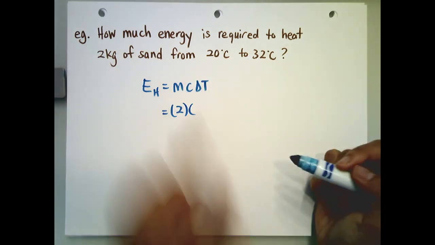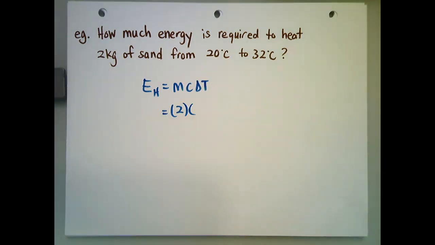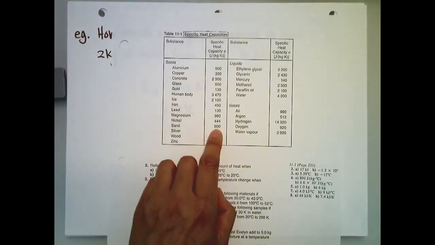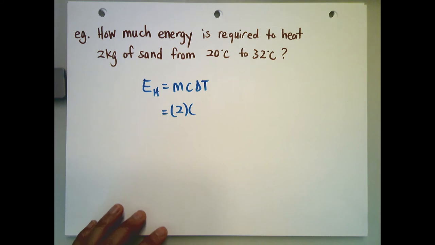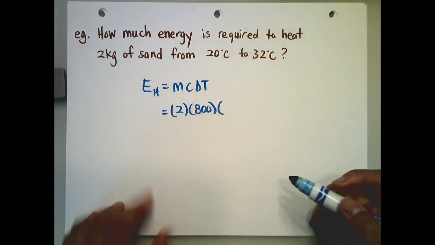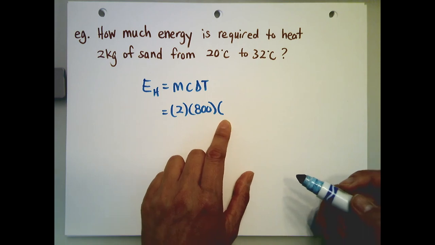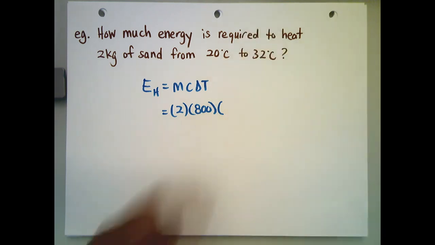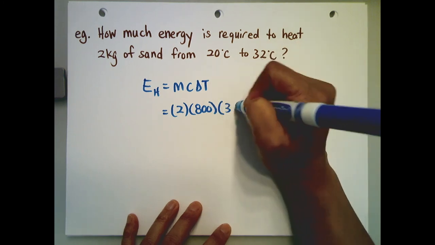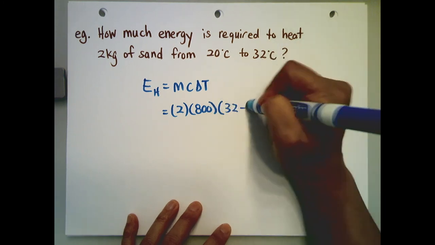We need the specific heat capacity of sand, so this is where we go to our chart and we look up sand, which is 800. Okay, so 800. And then we have the temperature. Since these are both Celsius, we don't have to worry about converting. So here you go, that'll be 32 minus 20.